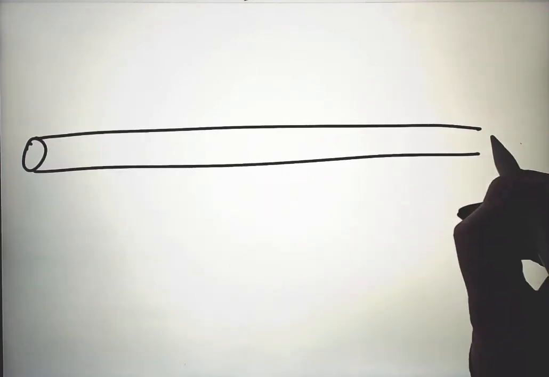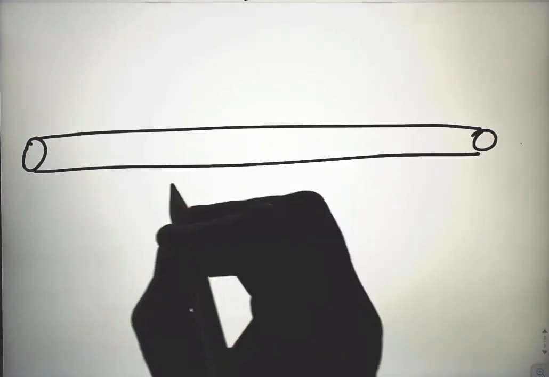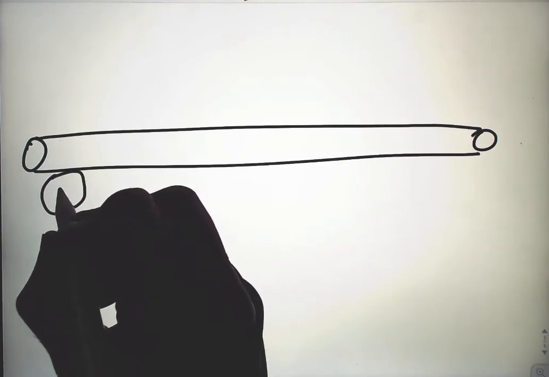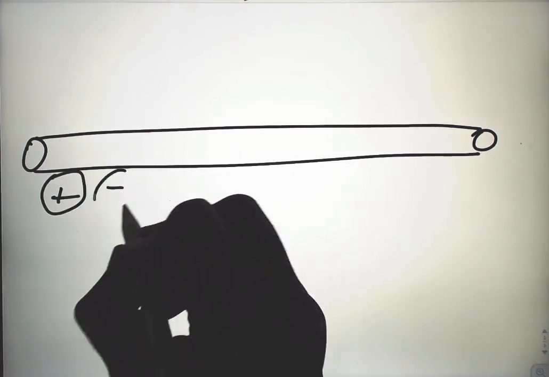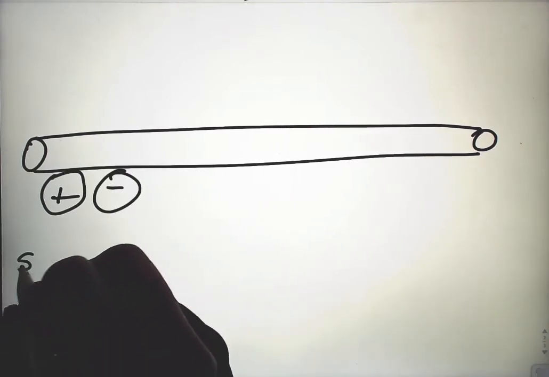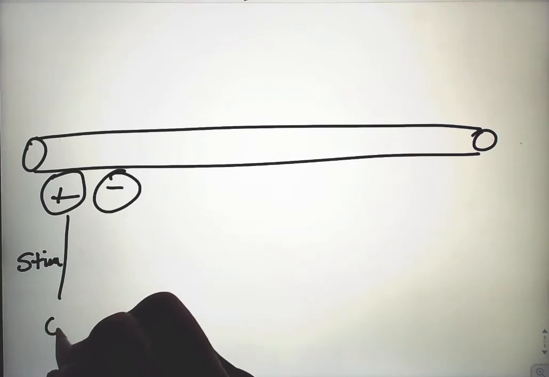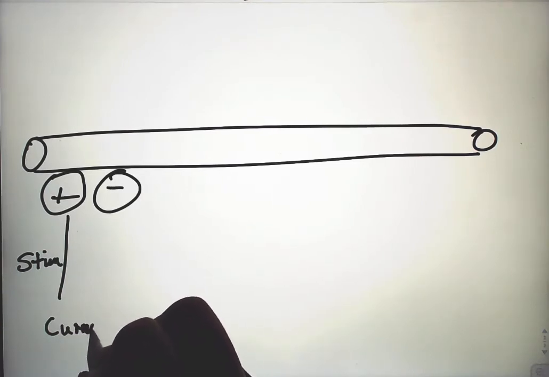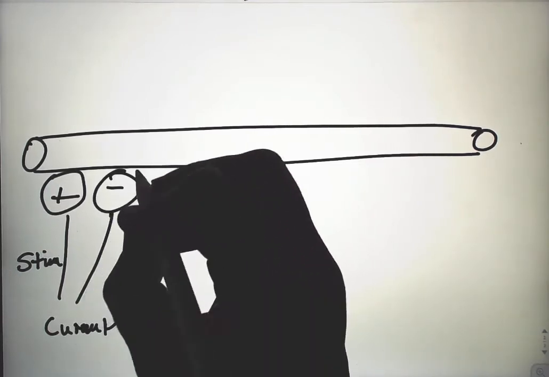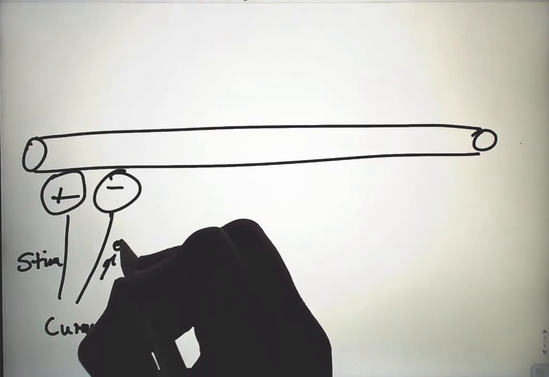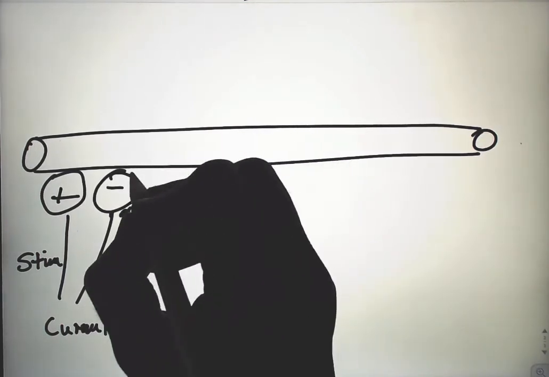What happens if we aren't measuring on the inside and outside, but instead are measuring at two locations? So if we have a positive and a negative electrode here, and these are stimulating, so we have some voltage or current source, and we add electrons here.